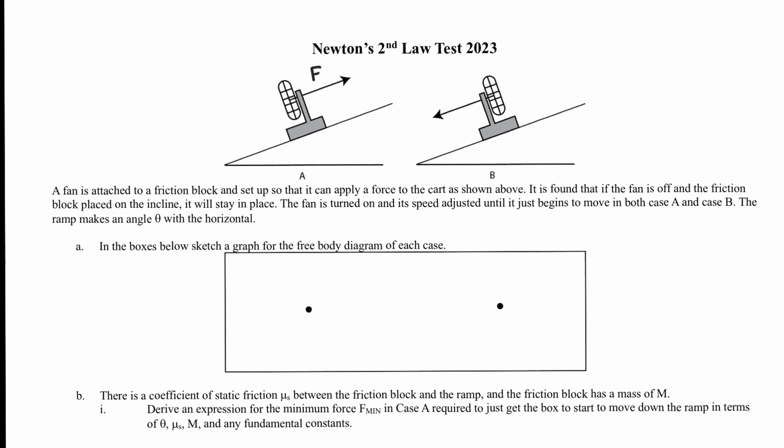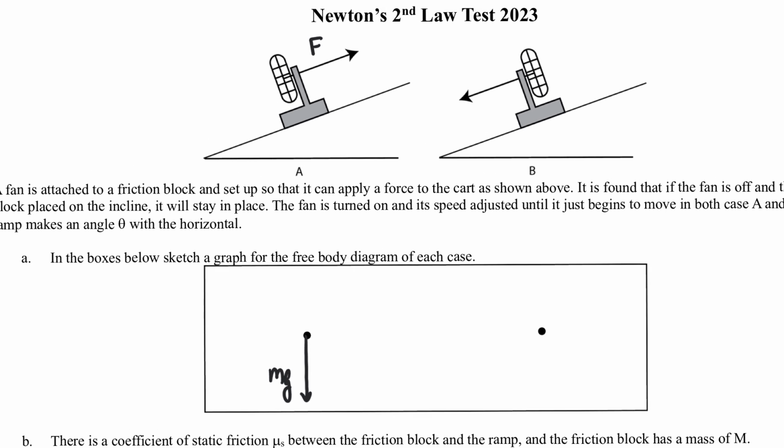All right. So I'm going to start with a downward force for gravity. And based on the way that picture looks for A, there's an applied force along the ramp. There's a normal force this way.